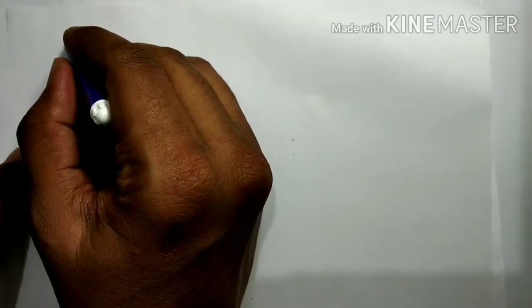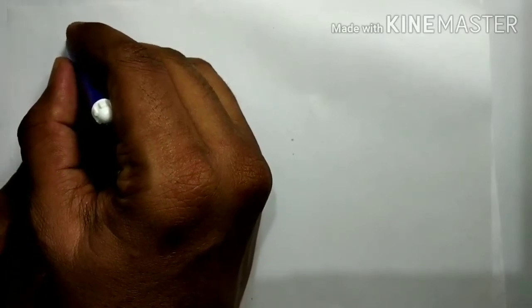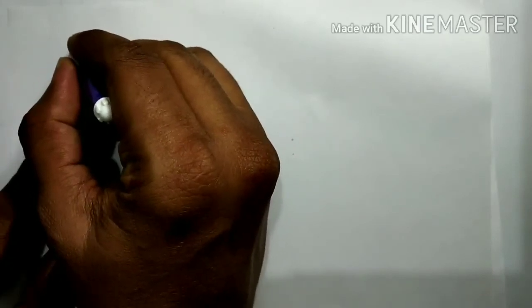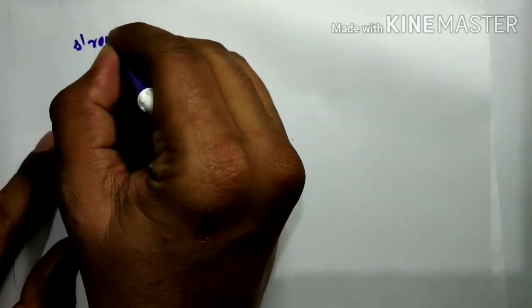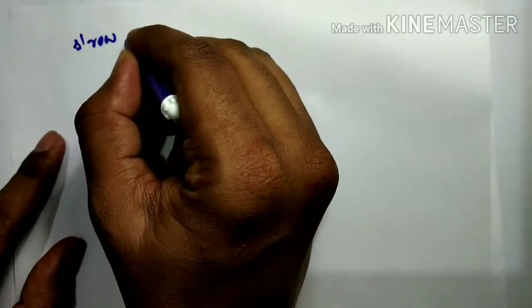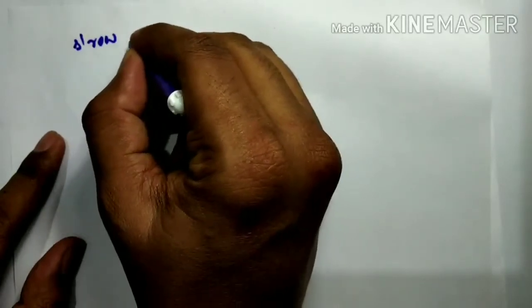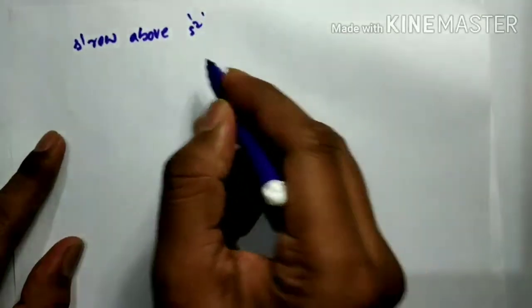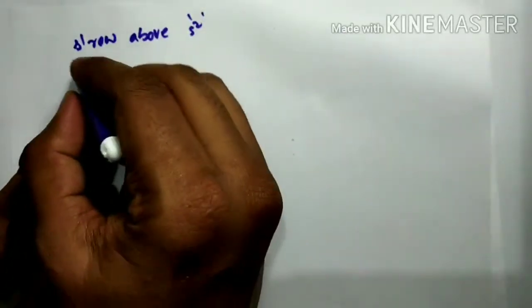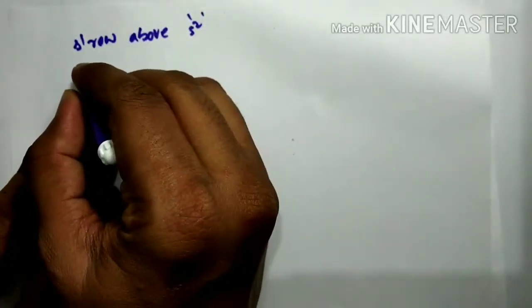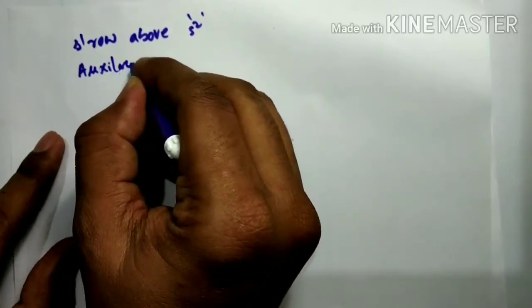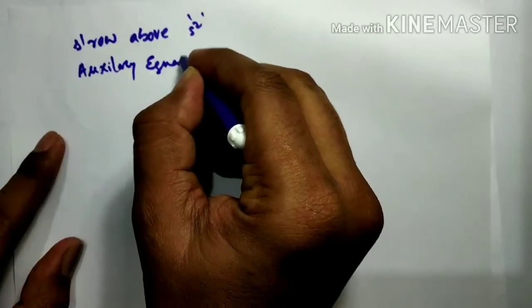It means, see, take the row above s1, what is that? S square. So the s square row, we call it the auxiliary equation.